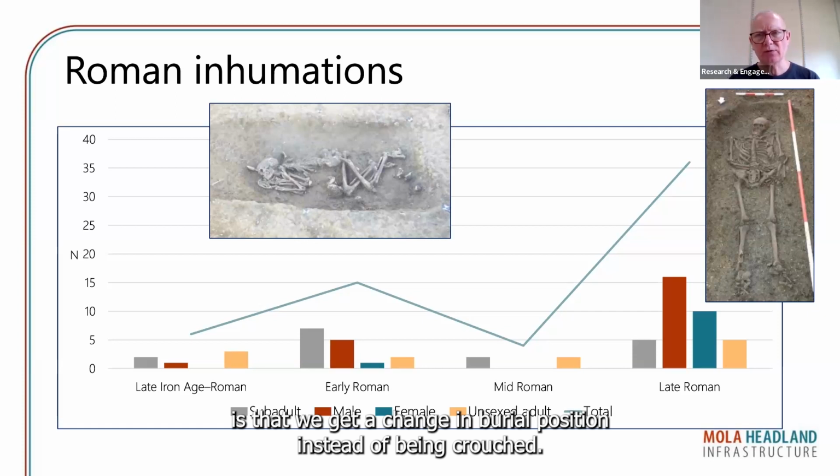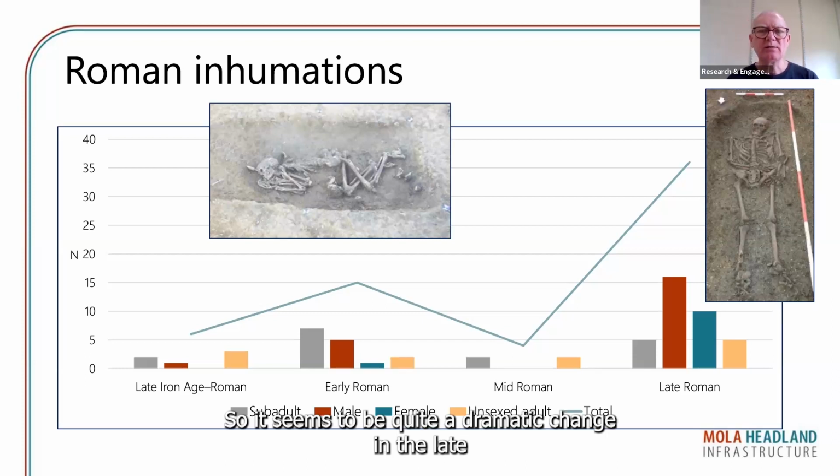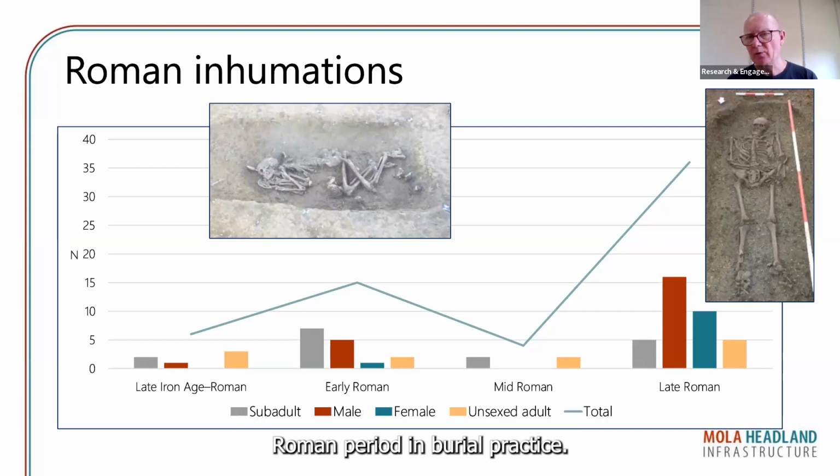Instead of being crouched, the burials now tend to be extended and supine, face up. And we tend to get a lot of iron nails in the fills of the graves, suggesting that these individuals may have been contained in some form of wooden container or coffin. So there seems to be quite a dramatic change in the late Roman period in burial practice.